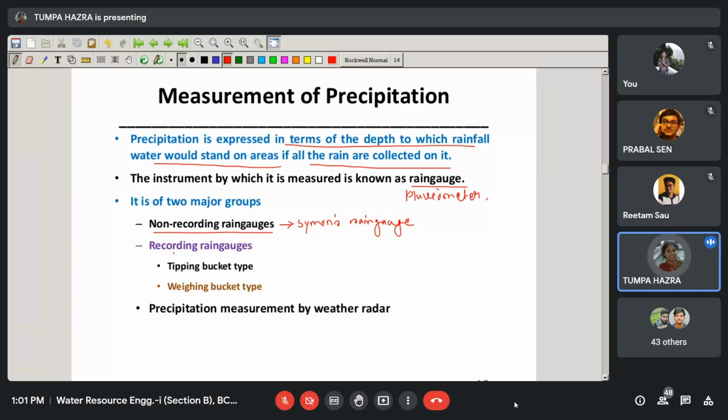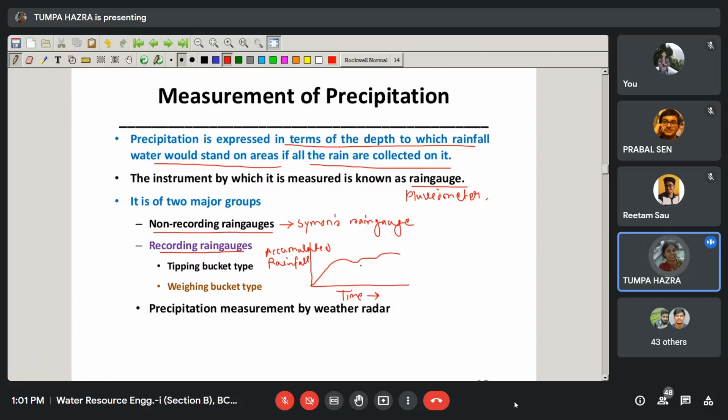Now there are another type of rain gauges where the rainfall are measured automatically. Here the accumulated rainfall are plotted automatically.